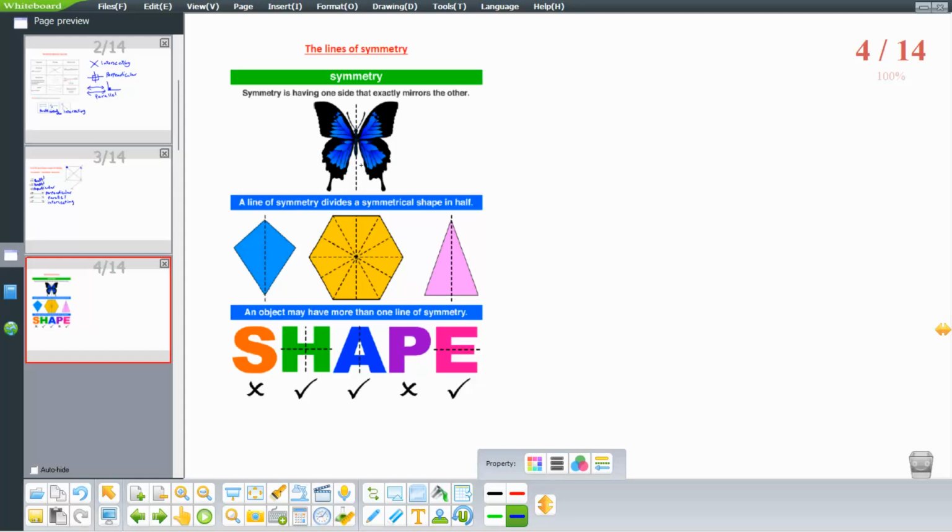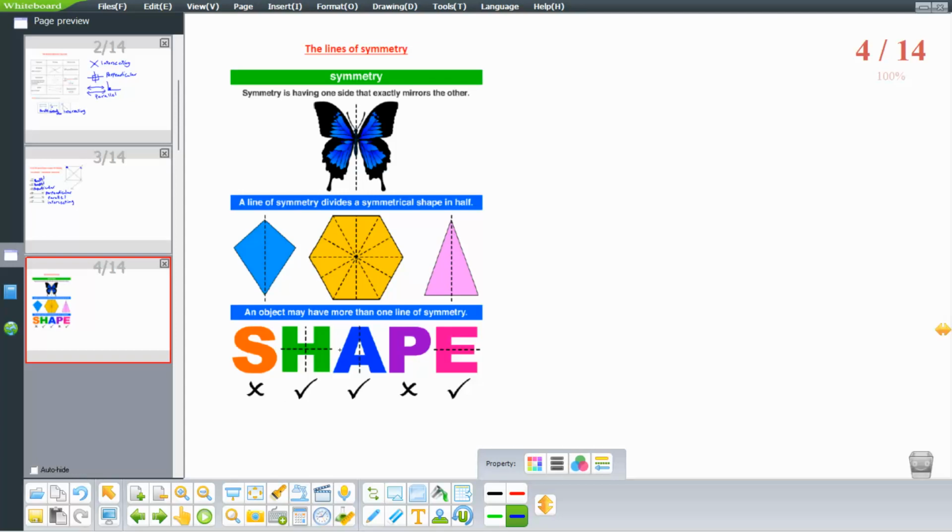It divides equally. A line of symmetry divides a symmetrical shape in half. This is a line of symmetry, and this is a line of symmetry.